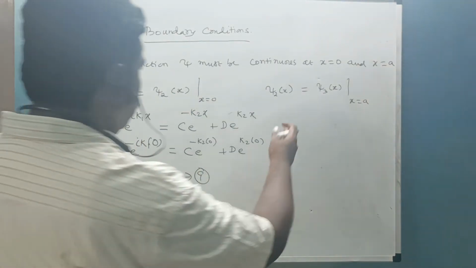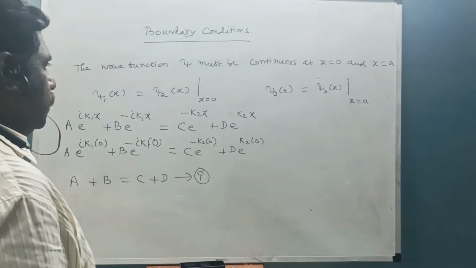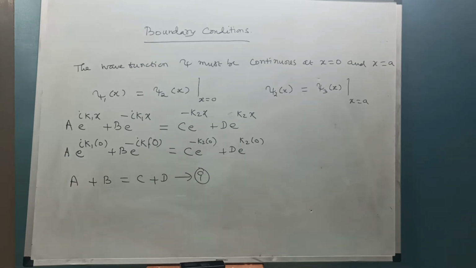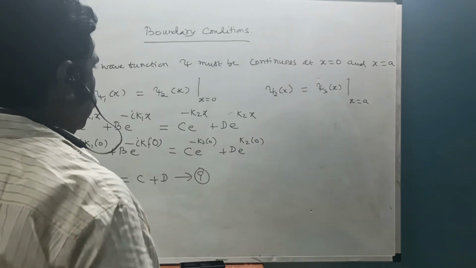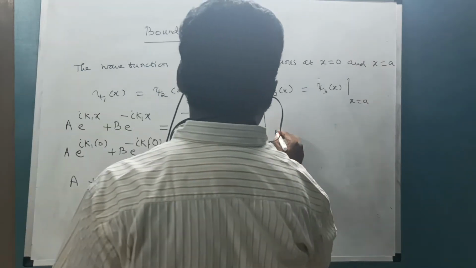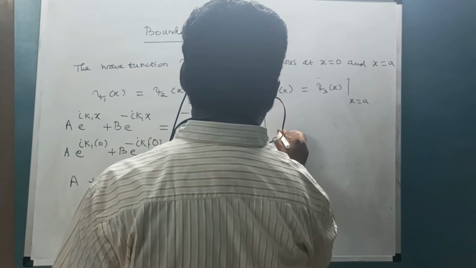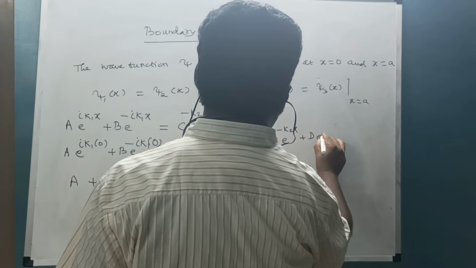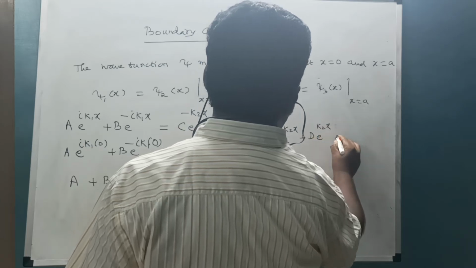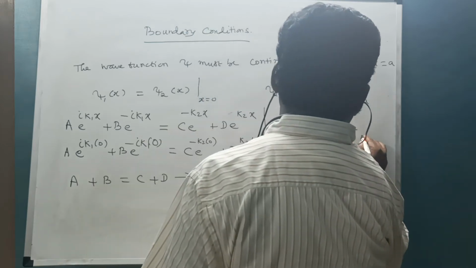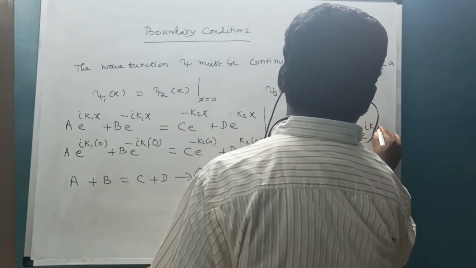If we come to this region, psi 2 of x equals psi 3 of x. For that, we should write the value of psi 2 of x: c e^(-k2x) plus d e^(k2x). Then psi 3 of x is f e^(ik1x).